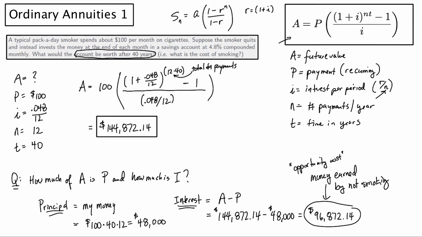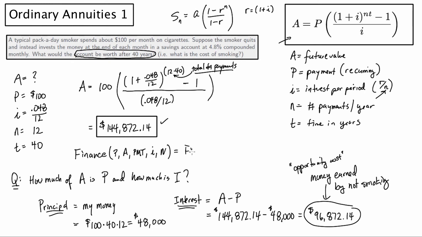Now, before we close, those of you that are using the finance commands, which I completely encourage, I just want to show you what the command would be for that and show you that we end up with the same future value. Remember, the finance command is the present value, then the future value, then the payment size, then the interest per period, and then what I called capital N, which is really just the total number of payments.